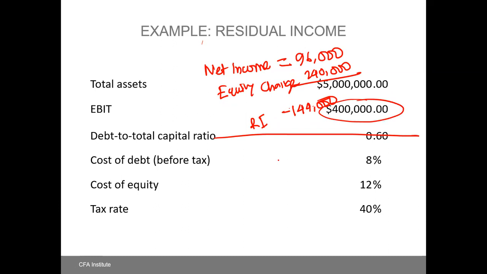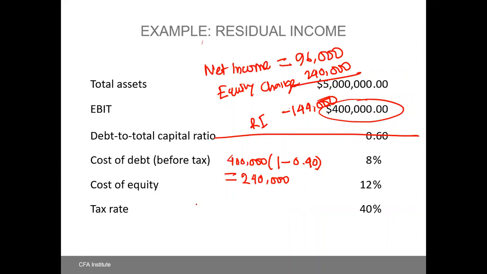If we take the EBIT after tax, how much is it? 400,000 after tax. EBIT after tax is our NOPAT. So what is NOPAT here? NOPAT is 240,000.